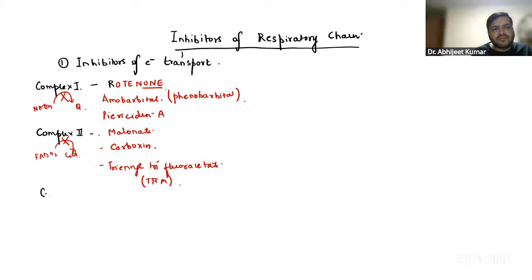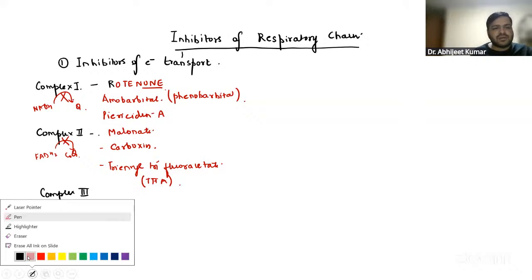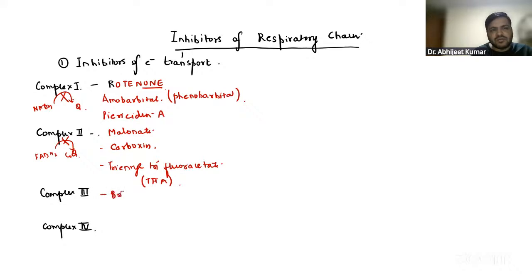Then we have complex 3 and complex 4. Now, complex 3, basically, is very, very important. It is British anti-lewisite, that is BAL, and antimycin A. For complex 4, it is carbon monoxide.